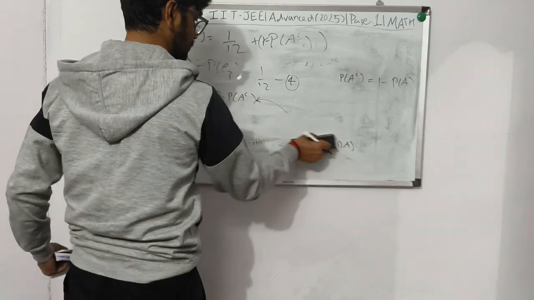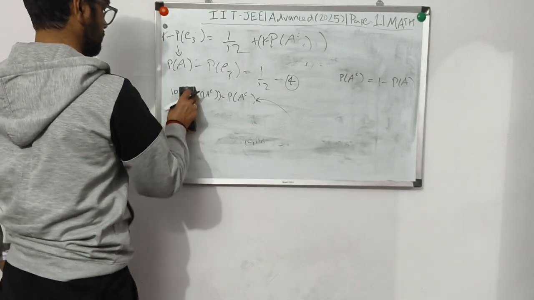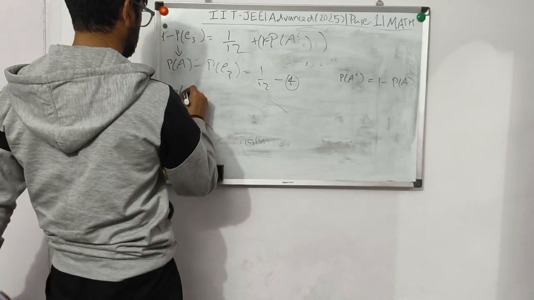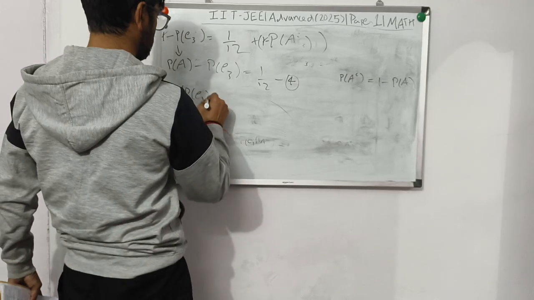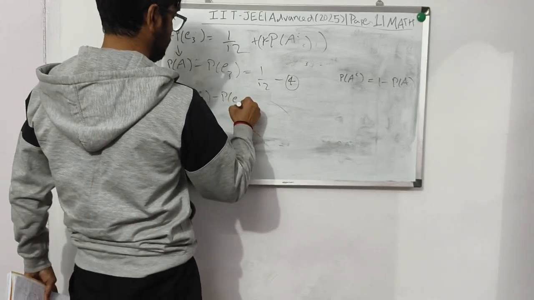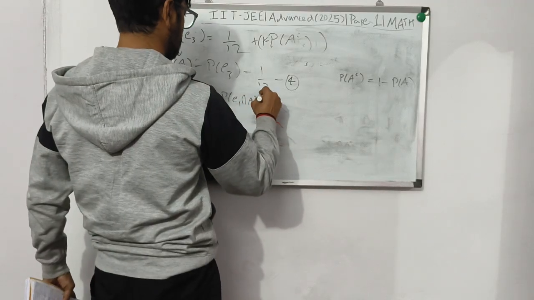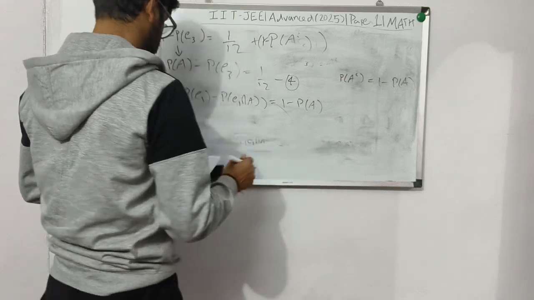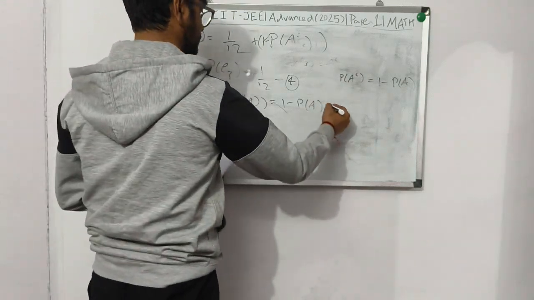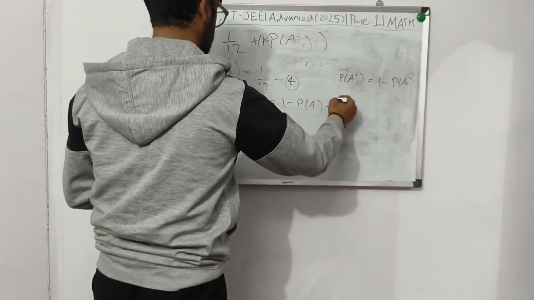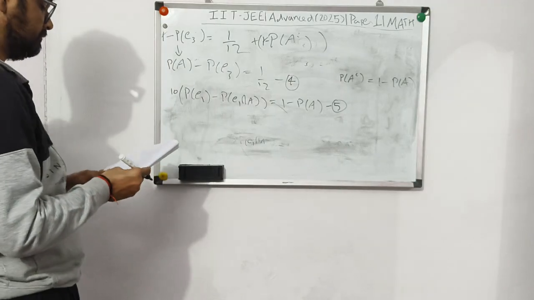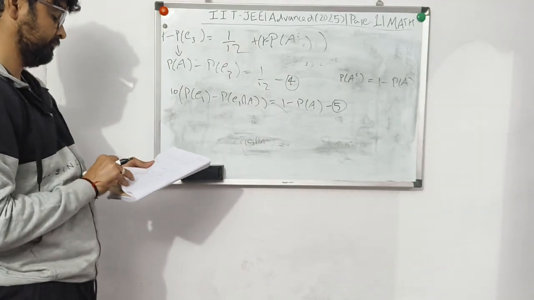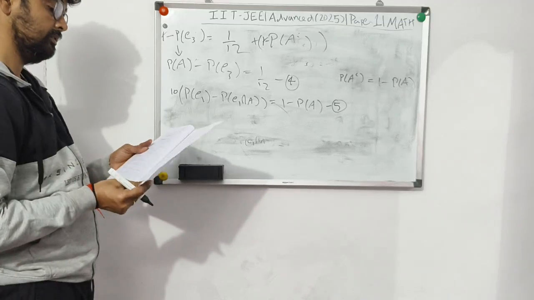So what we will get: 10 times (P(E1) minus P(E1 intersect A)) equals 1 minus P(A). And this is our equation 5. There are lots of equations. We are going to use equation 1.